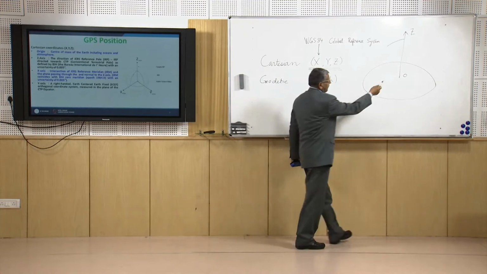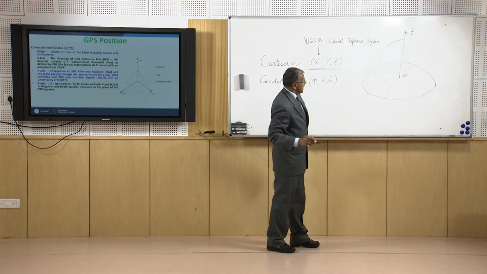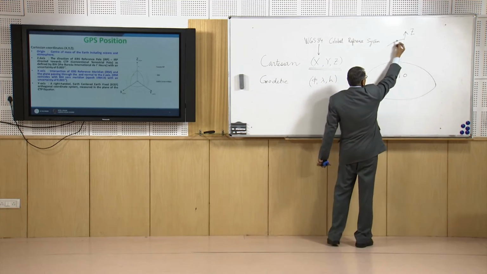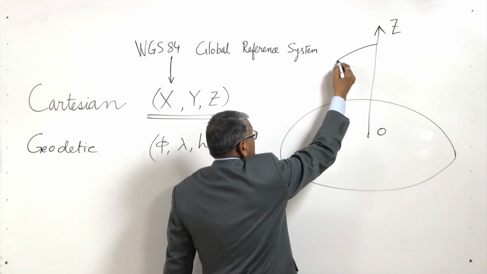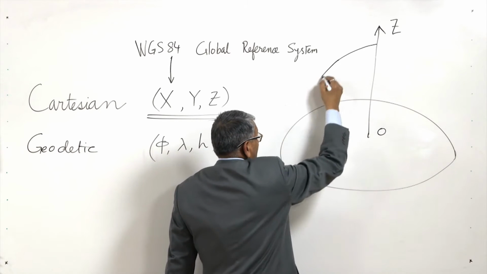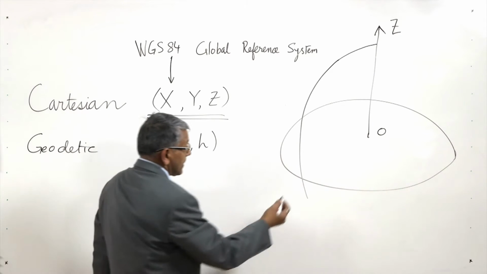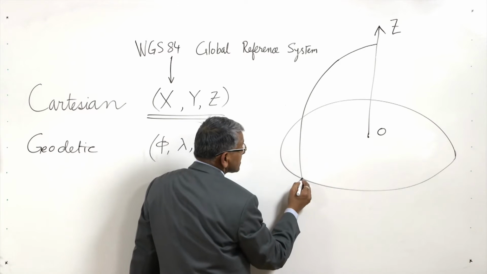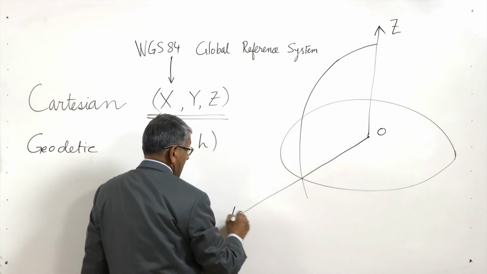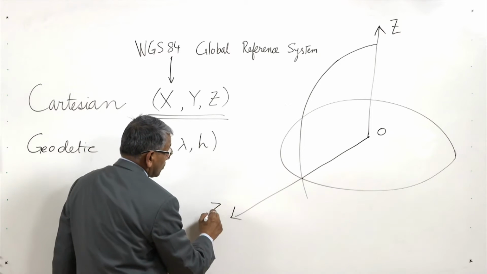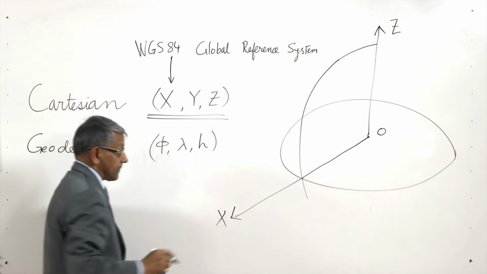This is the line of intersection of the surface of the earth with the equatorial plane, and if we take an infinite plane passing through the prime meridian, there will be an intersection like this with the surface of the earth. Now if we imagine a line through that intersection point, that is our x axis.